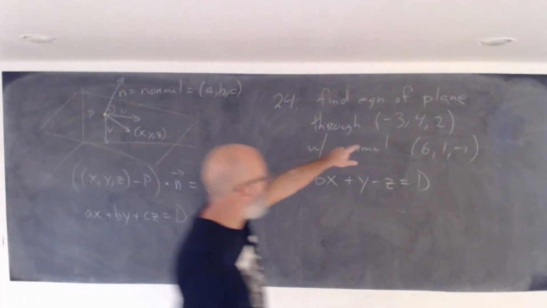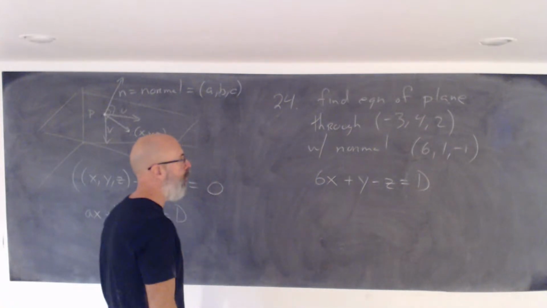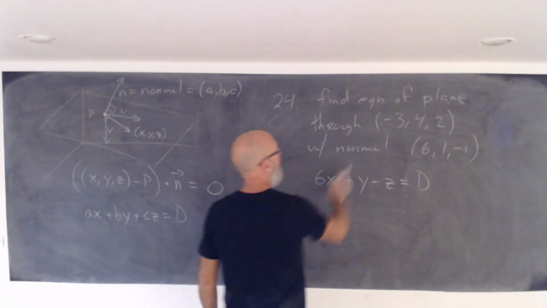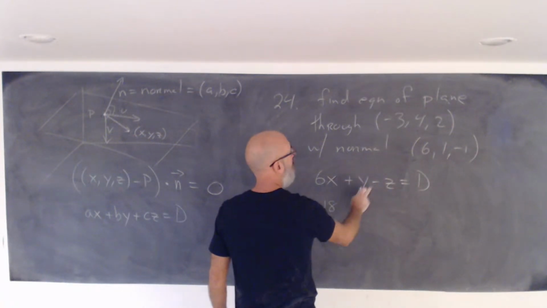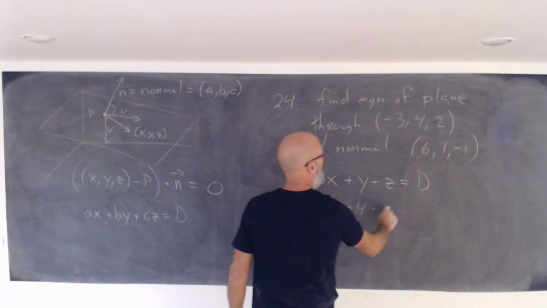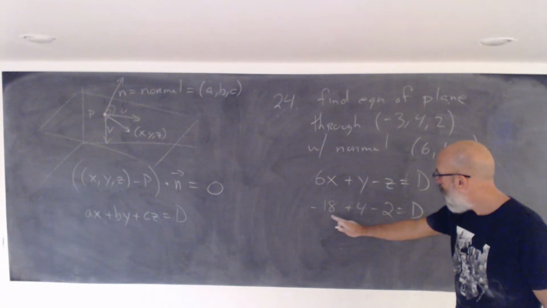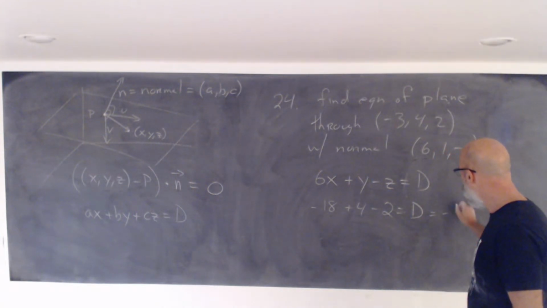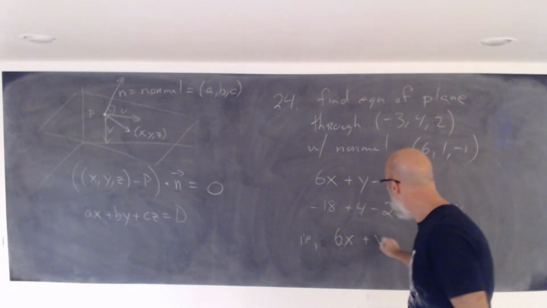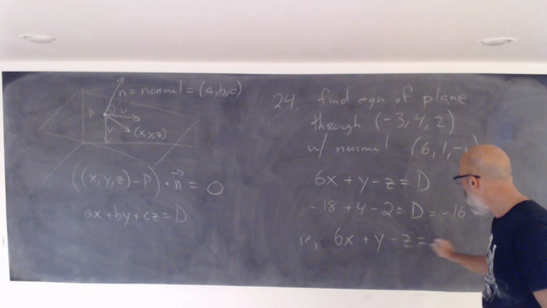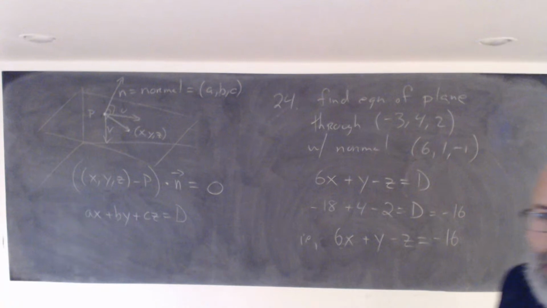You can work out what that something is by making sure that the point (-3, 4, 2) lives on the plane, so that it satisfies the equation: -18 + 4 - 2 must be d, so -20 + 4 is -16. In other words, 6x + y - z = -16 is the equation of your plane.